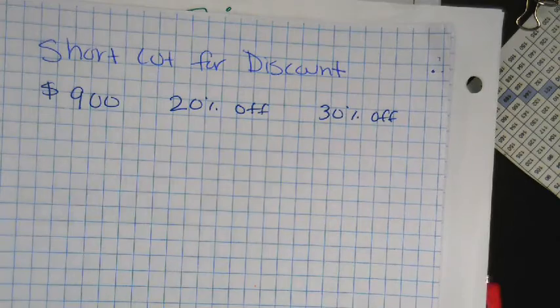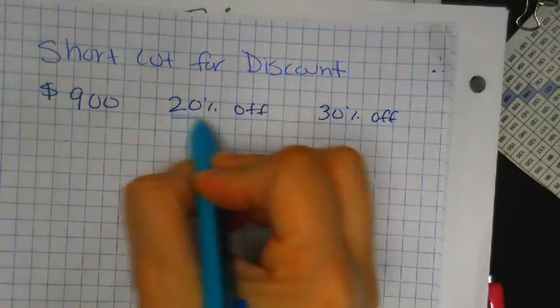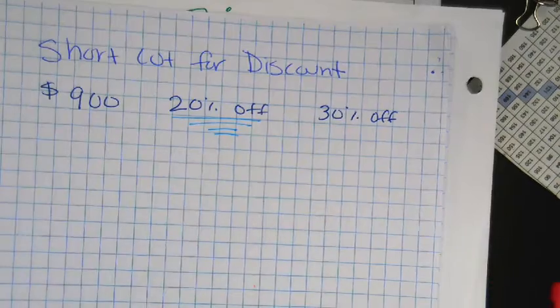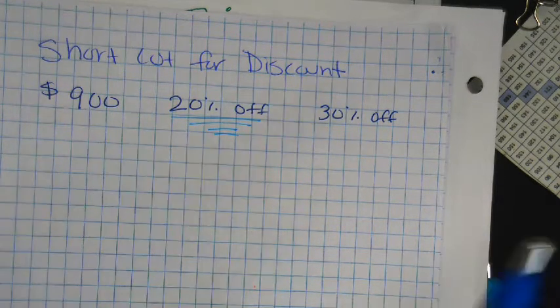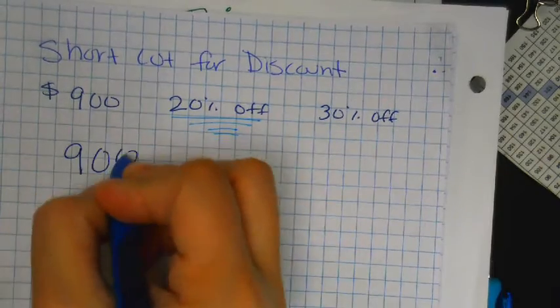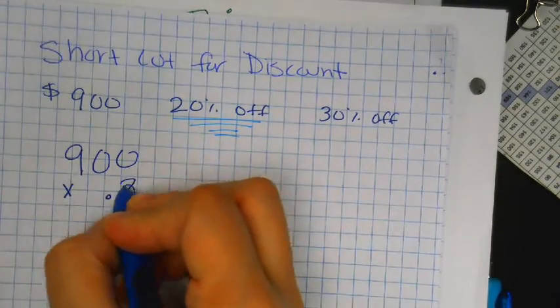Okay, so the shortcut involves, if you're saving 20%, what percent are you actually paying? 80%. So the store is like, okay, we'll take off 20%. You still have to pay 80%, right? So you use that thinking to do the first step. You do 900 times 0.8.